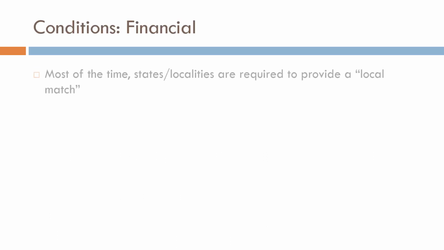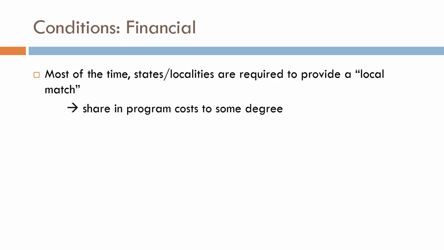Financial conditions involve, most of the time, the states and localities being required to provide what's called a local match. Essentially, the states and localities have to share in the program costs to some degree. So why would the government do this?